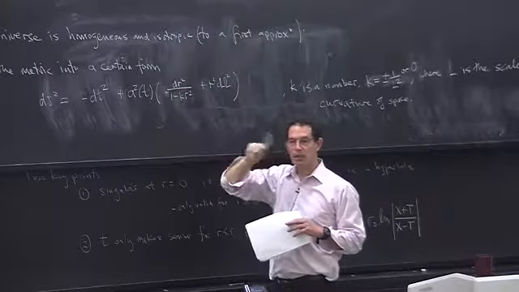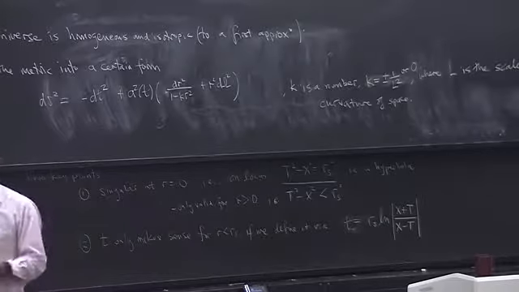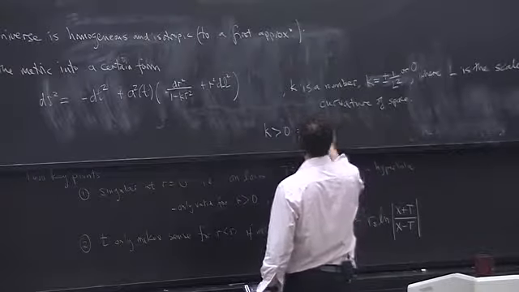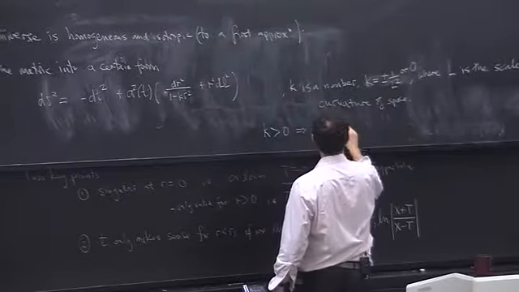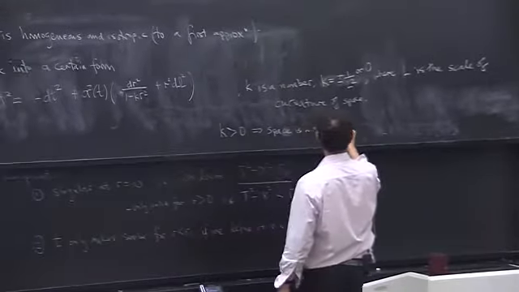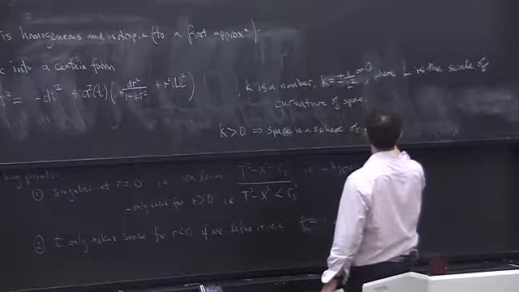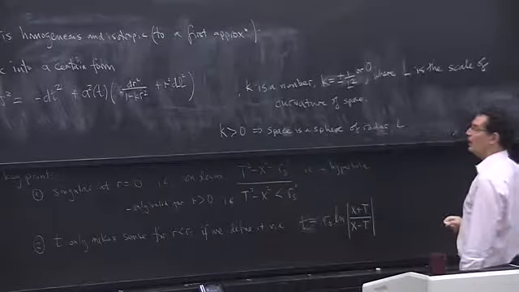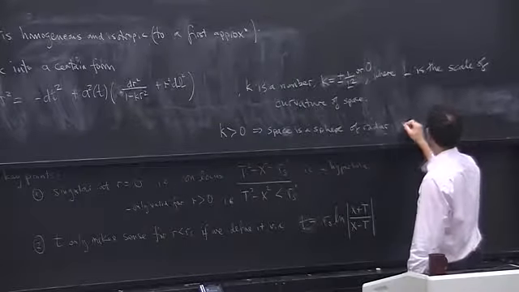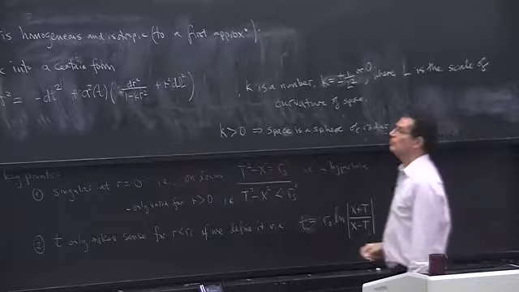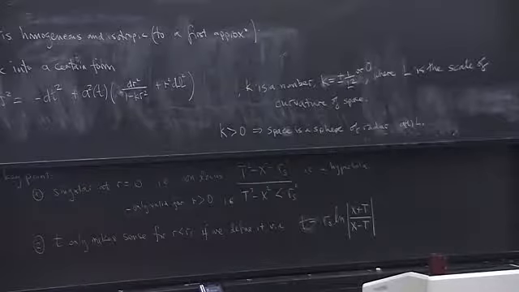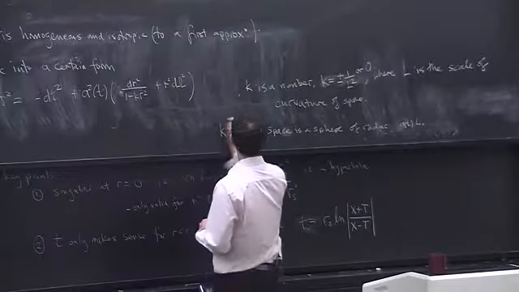If k is greater than 0, then space is a sphere of radius L, and actually the proper radius is a of t times L, because this line element is multiplied by a of t, so all distances are just scaled up with a of t.